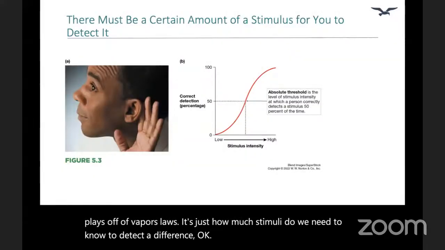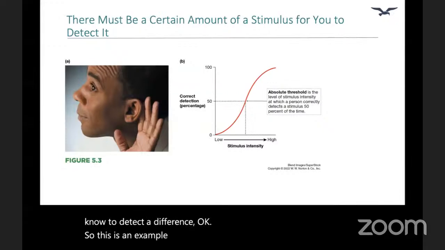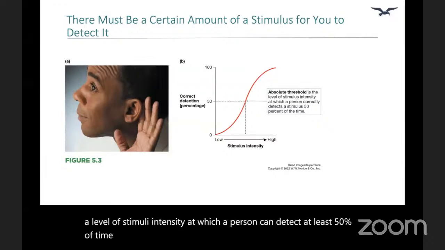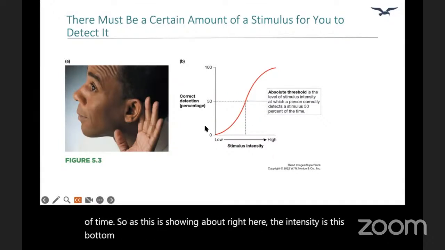So this is an example of absolute threshold, okay? Absolute threshold is a level of stimuli intensity at which a person can detect it at least 50% of the time. So as this is showing about right here, the intensity is this bottom line, correct detection.